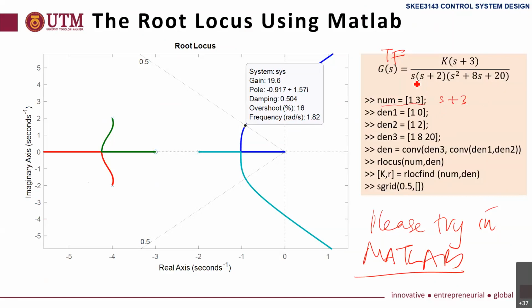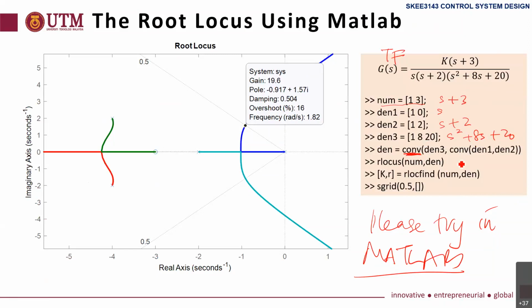First, you can multiply together, open all the brackets, and then give the values. Or you can do it like this: this is for s, this is s plus 2, this is for s squared plus 8s plus 20, so [1 8 20]. Then you use convolution. CONV means convolution, that means you want to multiply all the poles.